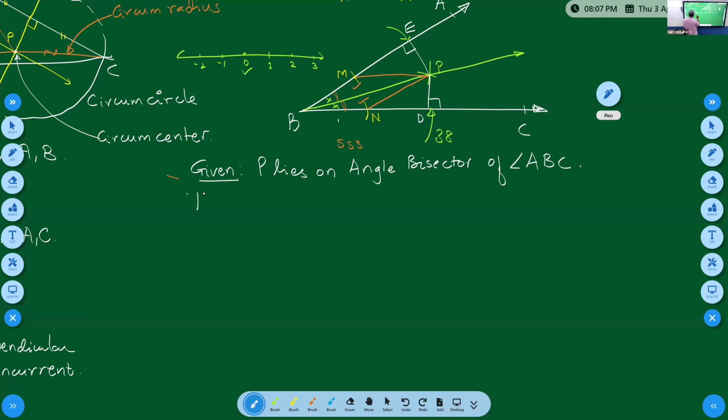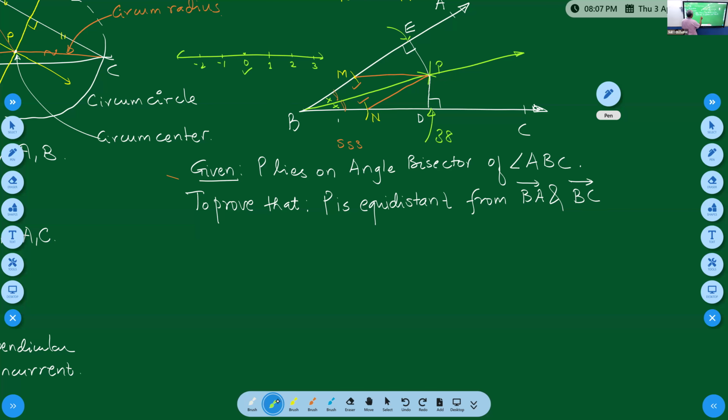Then to prove that P is equidistant from BA, ray BA, and ray BC.